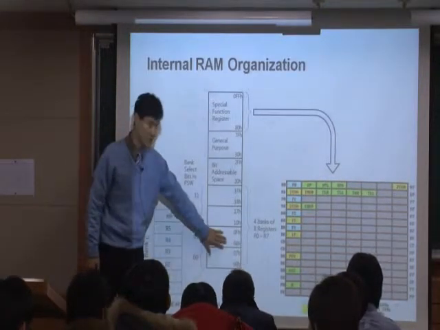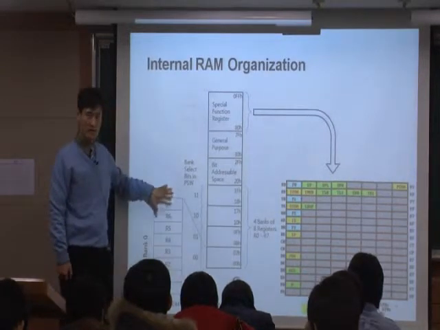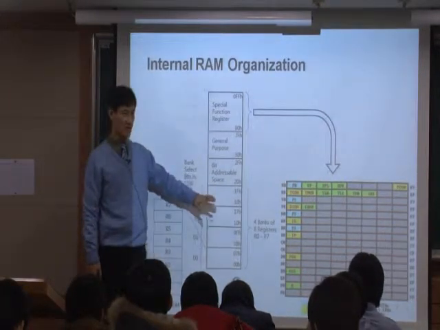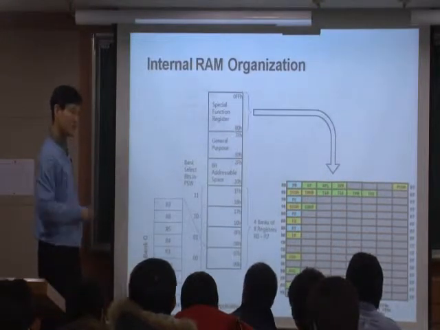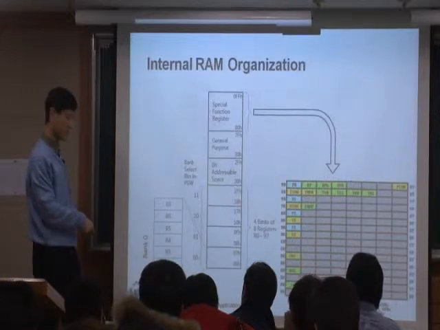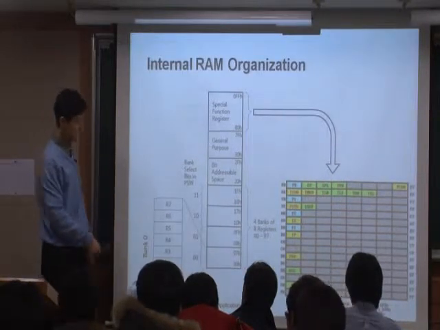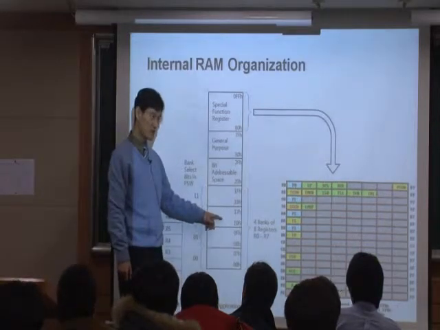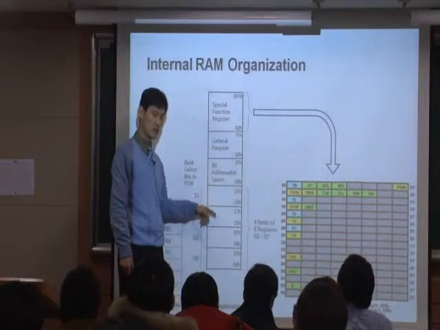Same thing in bank 2 and bank 3. So you have the same thing 4 times. Then how do you know which is which? This bank has R0, and the other banks also have R0. We have 4 R0s, right? How can you differentiate?